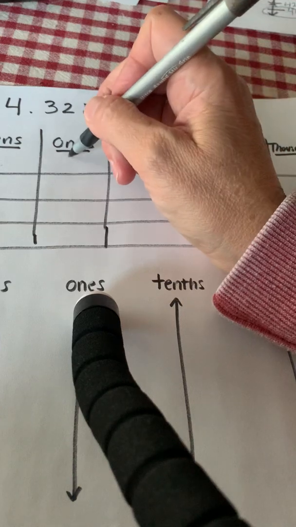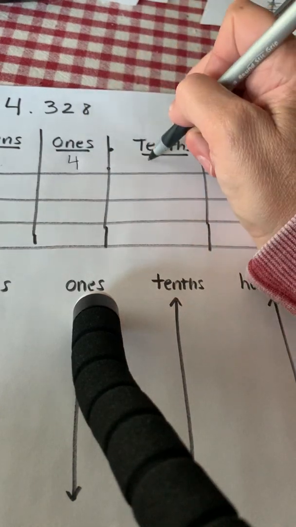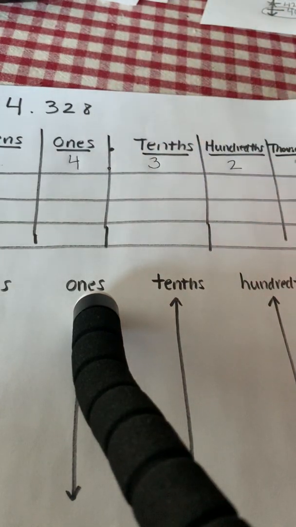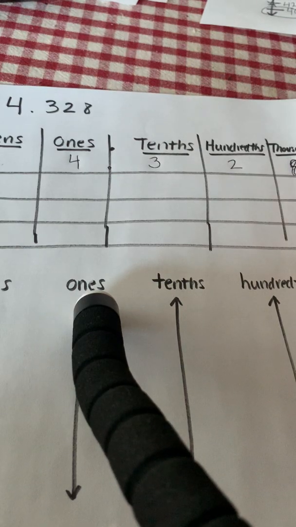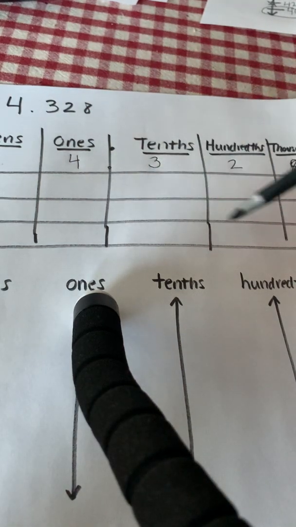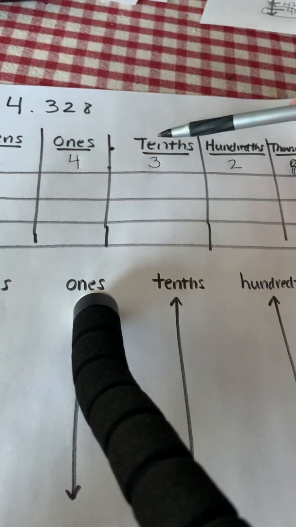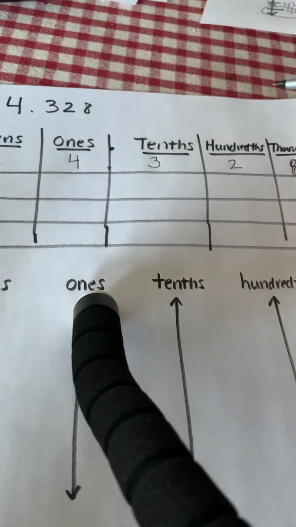Okay, you should have written 4 ones, 3 tenths, 2 hundredths, and 8 thousandths. Then you go through the process of renaming your numbers so that you have the most number of tenths. So go ahead and press pause, do that, and then press play.